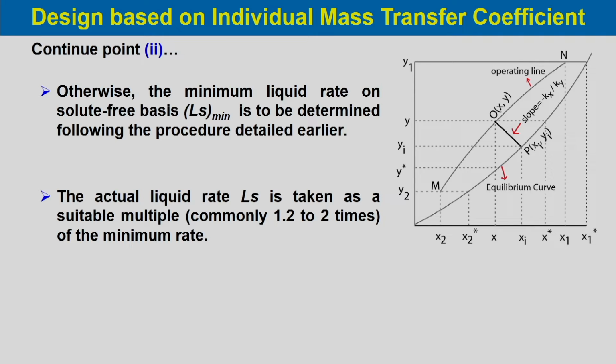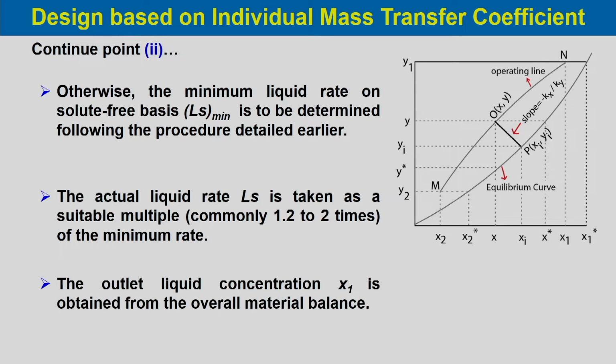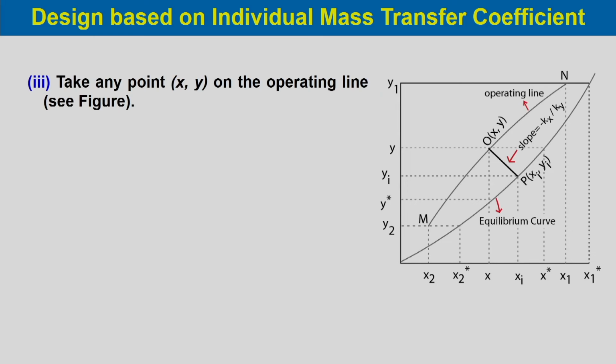So, if we do not have data for the liquid flow rate, we have to know the slope of the operating line and calculate from the pinch point the minimum liquid rate, and then we can calculate the actual liquid rate. The outlet liquid concentration x1 is obtained from the overall material balance. So, this is the procedure we have to follow.